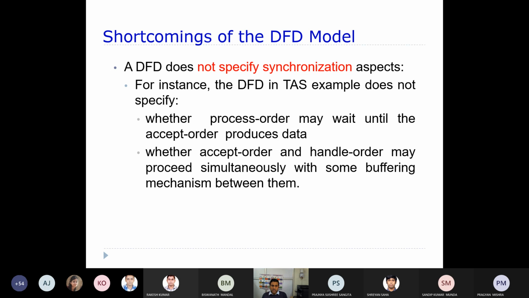So the synchronization aspect is something like this: one processing is executed and after that the other one will be processed, okay. These sorts of things we do not maintain, as I told you. We do not have the control information also, and the order in which the processing or the functions will be carried out is also not mentioned.